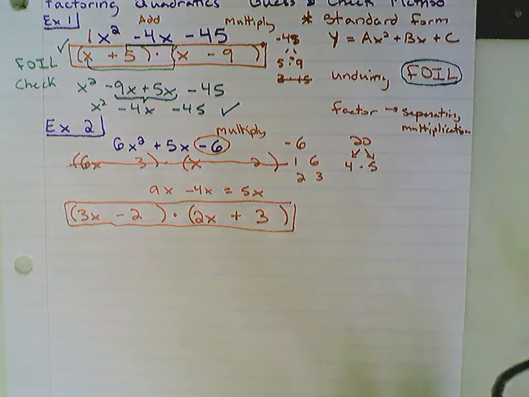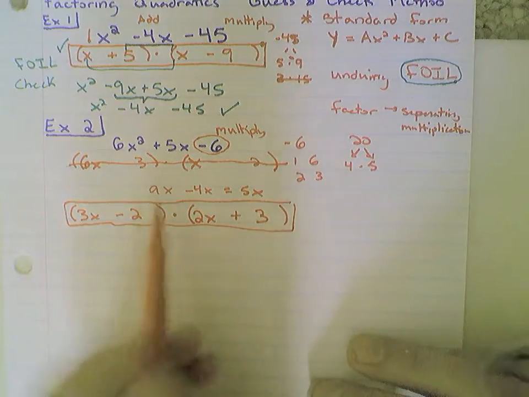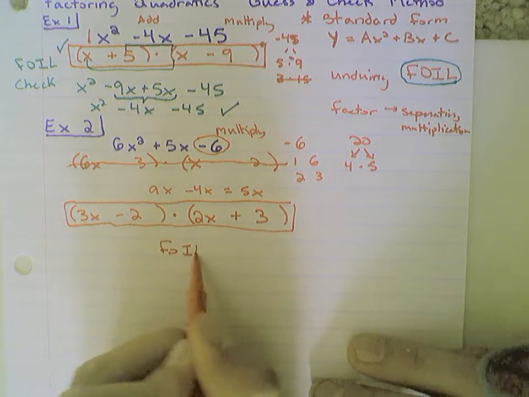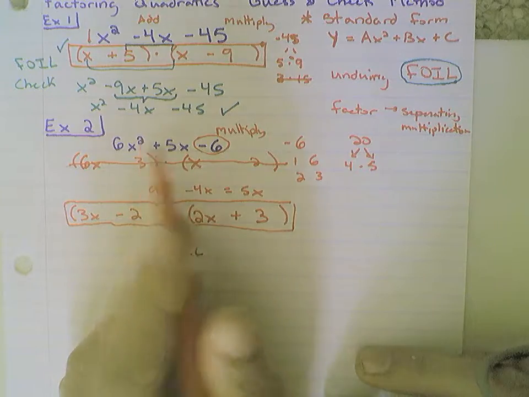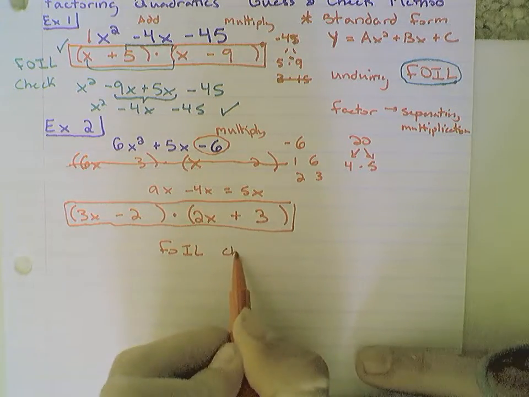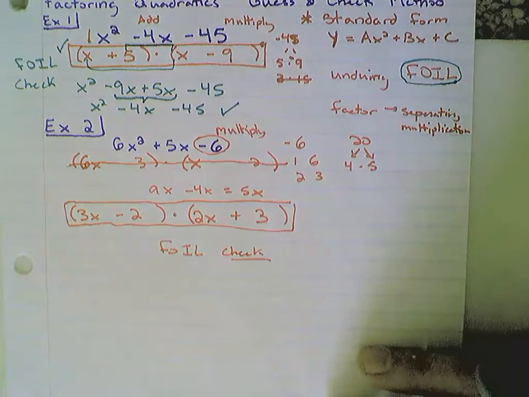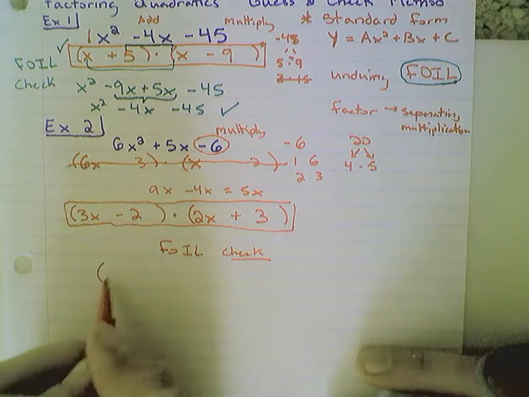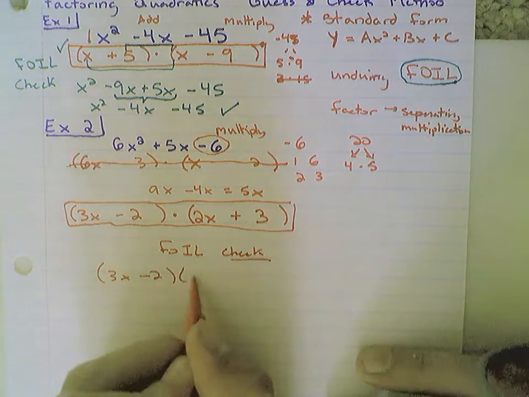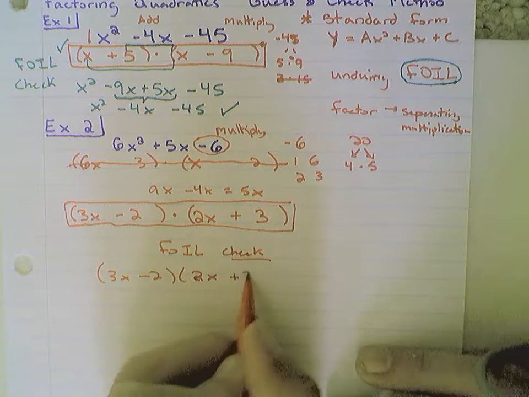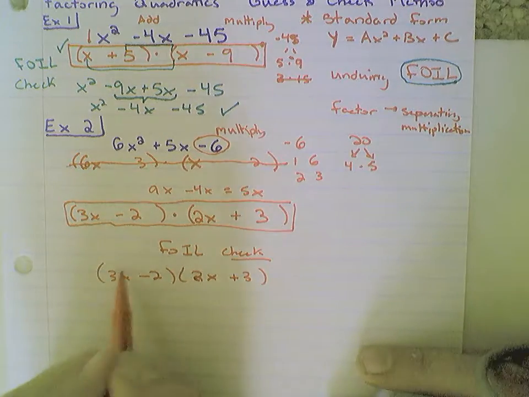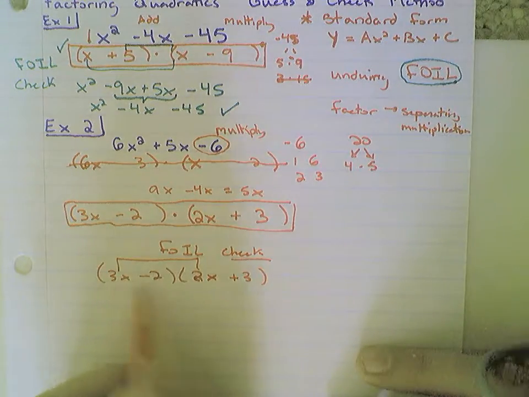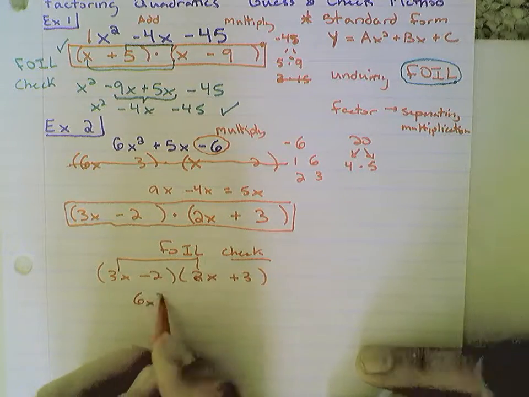And then just to note, once again, that you can always check your work by FOILing your answer, and you should get back to your original equation. So if you take 3x minus 2 times 2x plus 3, and you FOIL this, you take first times first, well, 3x times 2x is 6x squared.